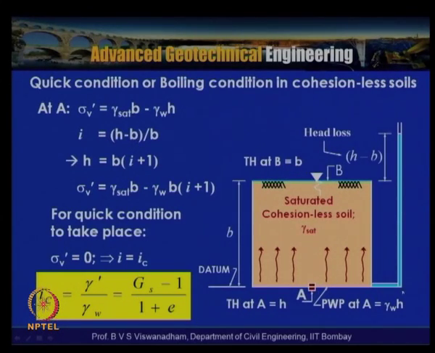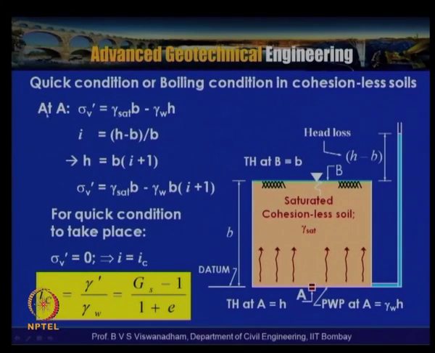Here we can see that we have a head of water, which is H minus b, and the total head, if you look at the pressure head, is H minus b plus b, that is H units. So, the pore water pressure at point A is gamma w H, and at point B, at this point here.